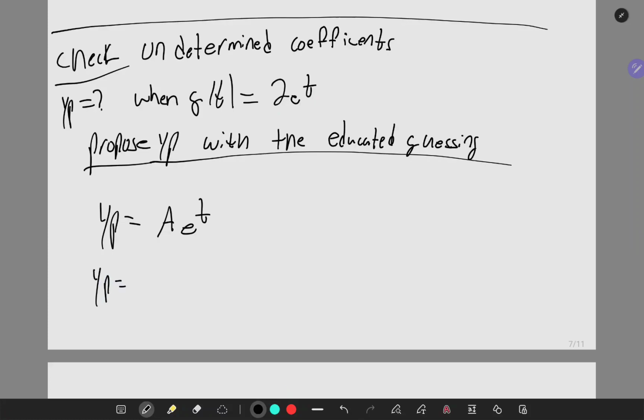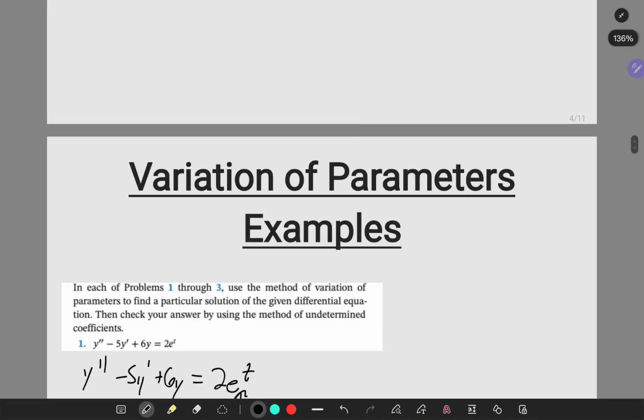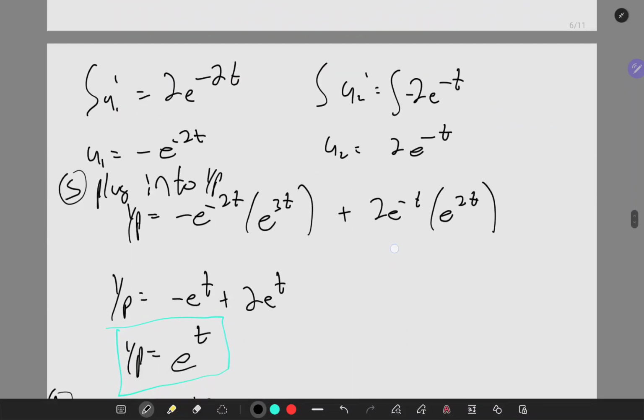So this is a lot easier. Then you take the first derivative and the second derivative. They're all just A e to the t, right? So then we plug those in. Remember it was, I forget, y double prime minus 5y prime.